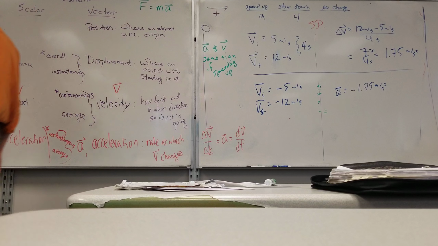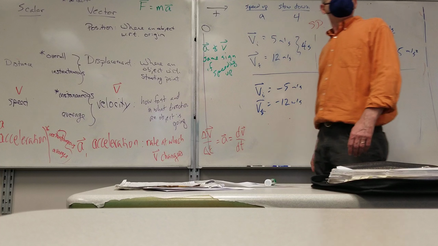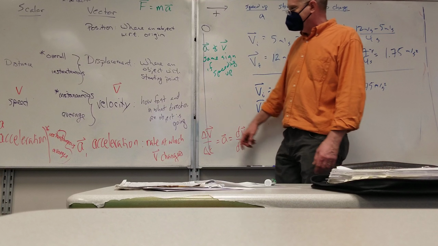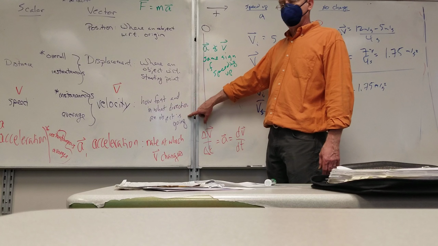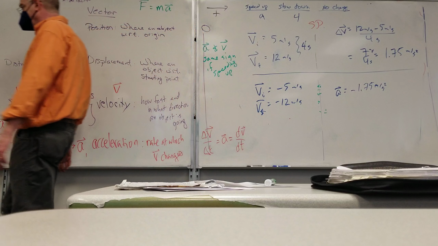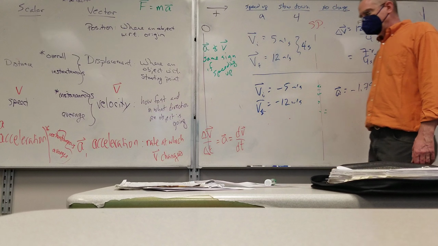All right, so my velocity, negative. What direction am I going in? Positive that way. All right, let's rewind that one. My velocity, positive, and I slow down.